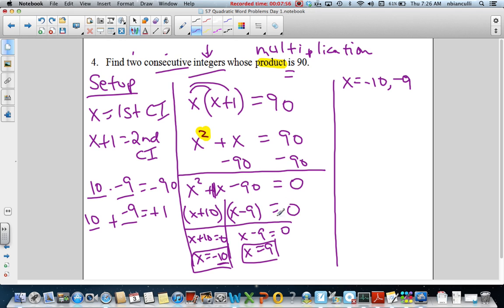Then if we start off with 9, the next consecutive would be 10. So there are two sets of answers, negative 10 and negative 9, or 9 and 10. They're both consecutive, and if I multiply negative 10 times negative 9, I'll get 90. If I multiply 9 and 10, I'll get 90.